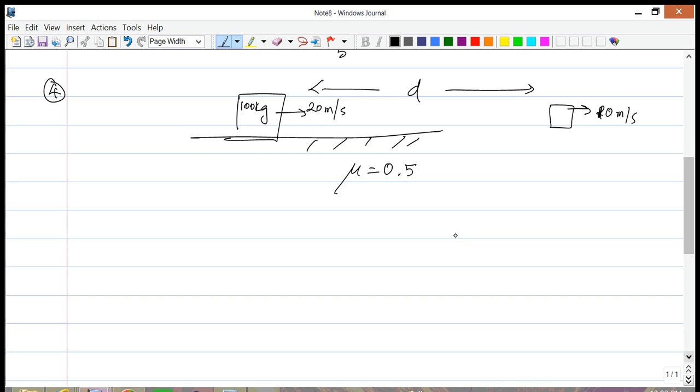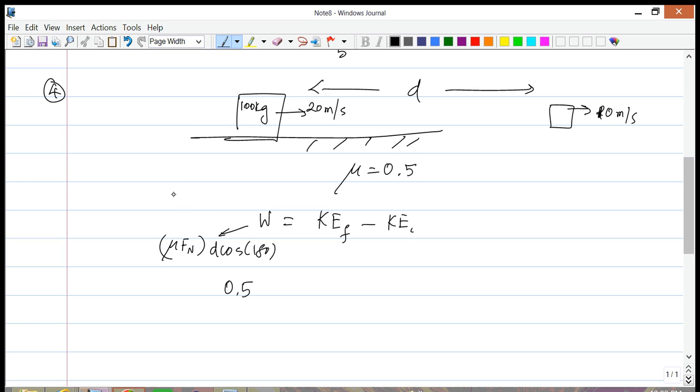Alright, so we're going to use the work kinetic energy theorem to answer this question. W equals KEF minus KEI. The work done is only by the force of friction, so that happens to be equal to mu Fn, which is the force of friction, times d times cosine of 180. Mu is 0.5.